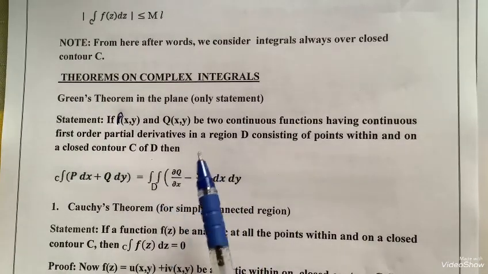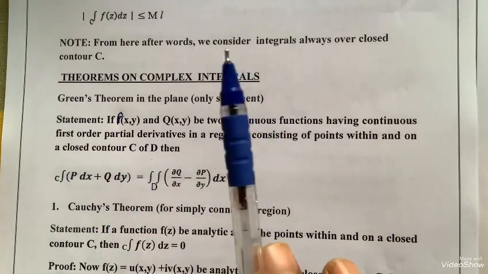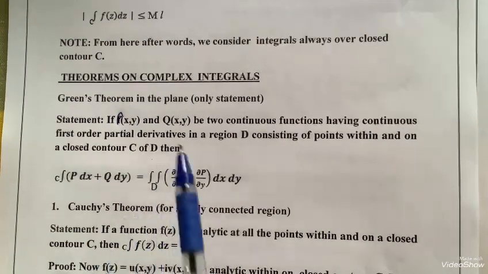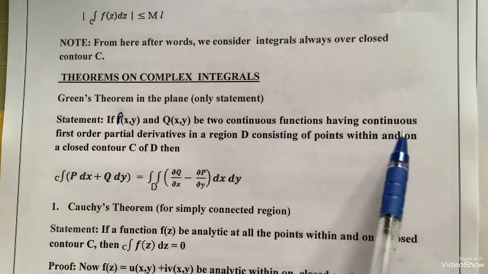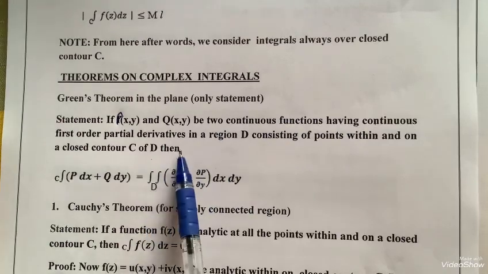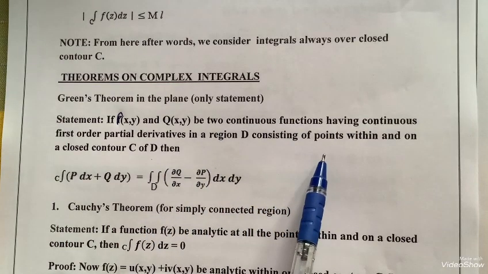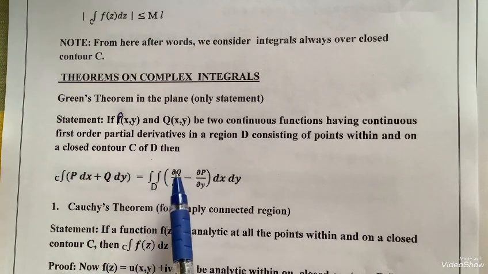See here, what are the given conditions? P and Q must be continuous functions, and their partial derivatives exist and are also continuous, in a region D consisting of points within and on a closed contour C of D. I will explain that.